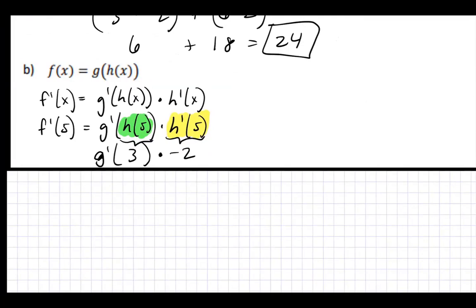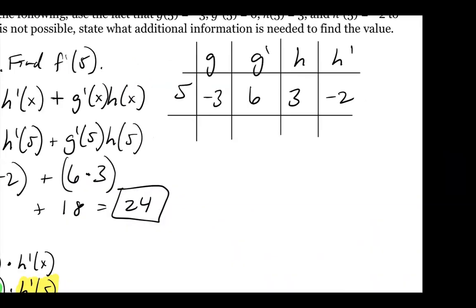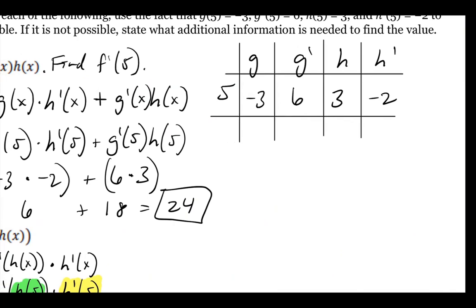Right? So now what I need to do is simplify this guy here, G prime of 3. So I go to my table, and I don't have it. I don't have G prime of 3. I only have G prime of 5.